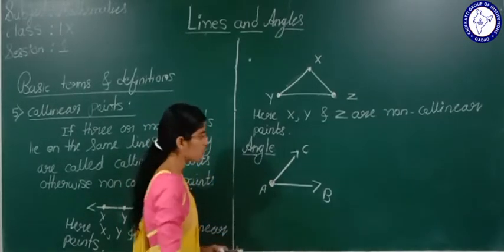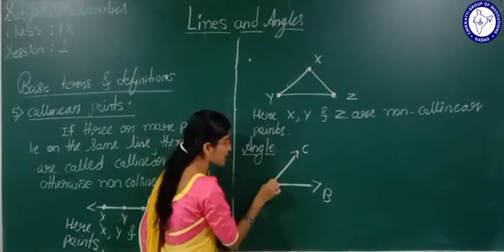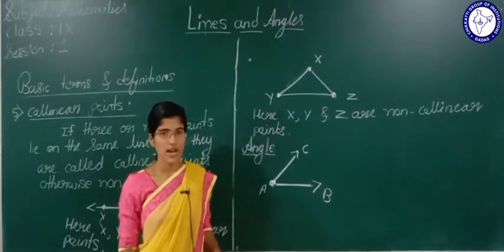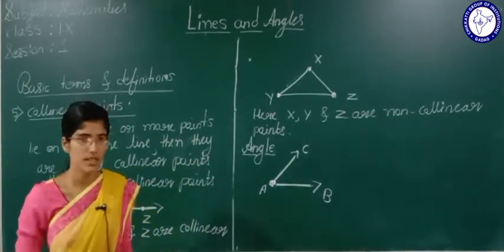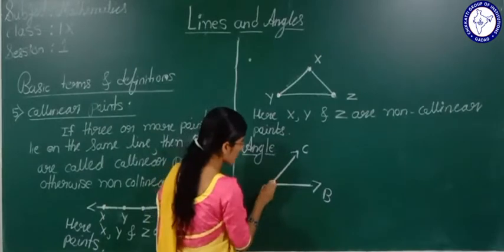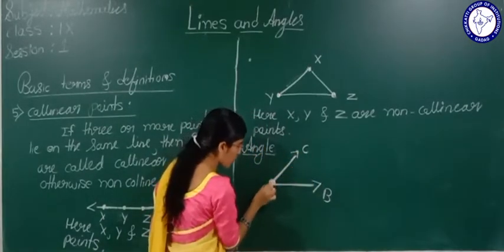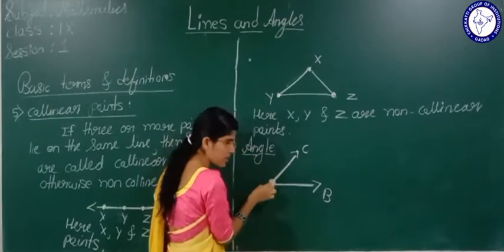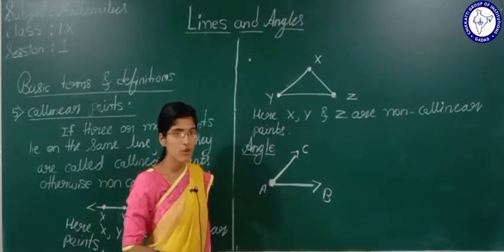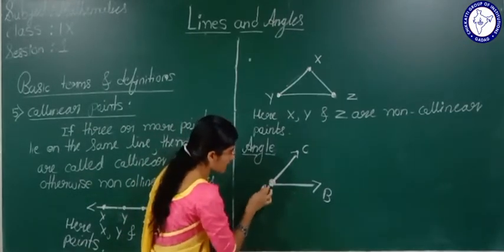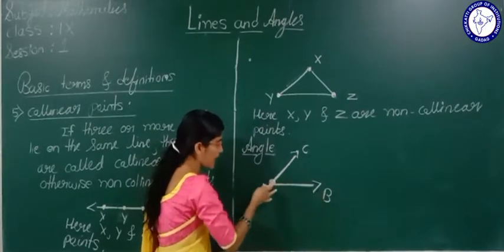A. Or we can tell two rays which have a common end point will form an angle. Here which are the two rays? AC and AB are two rays which have a common end point, that is A. Here it is going to form an angle. So which angle is forming here? Here angle CAB, or we can tell BAC.